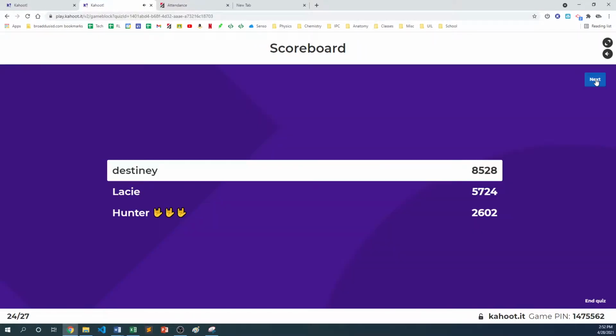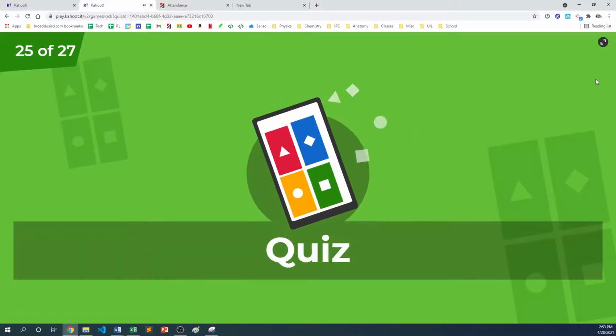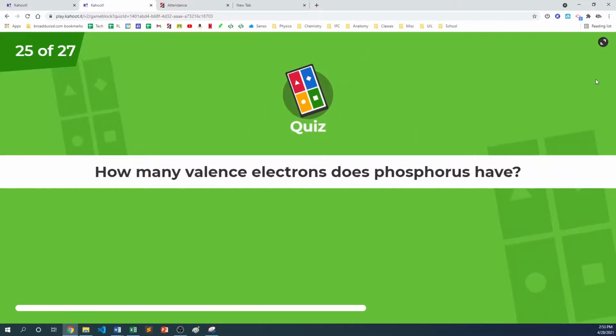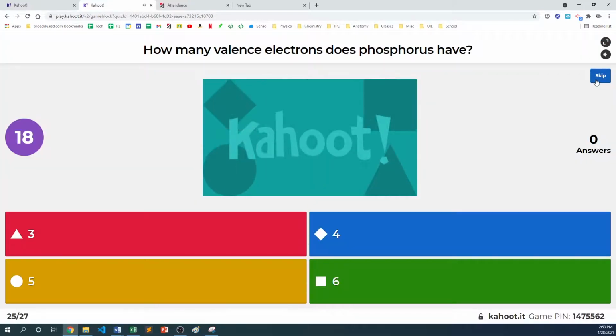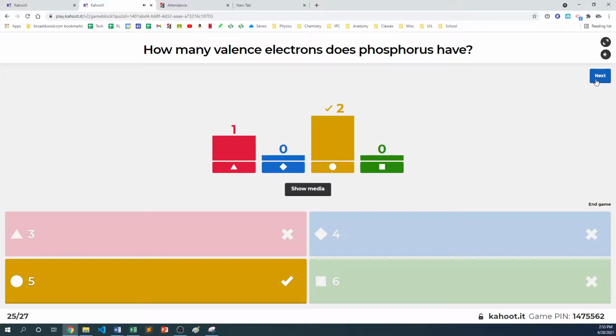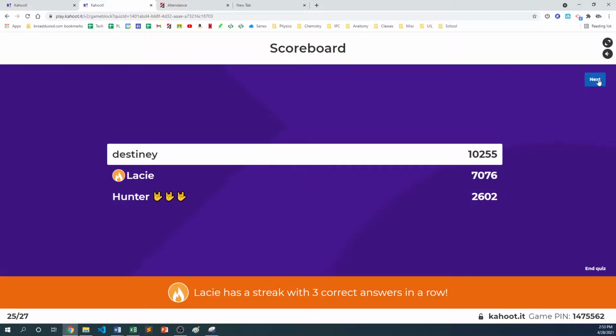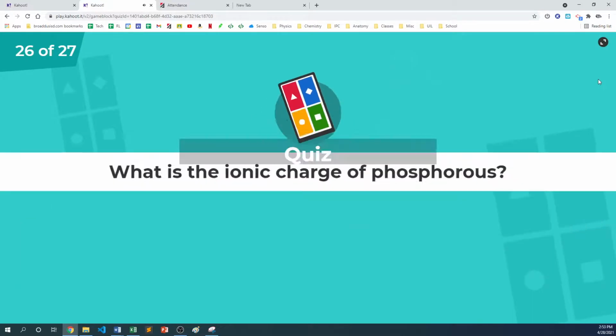So it's a negative ion. Phosphorus is in group 5A, so it has 5 valence electrons.